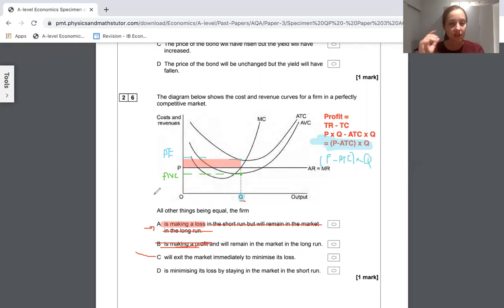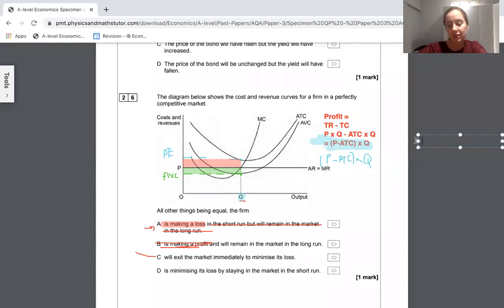Which means the more pieces you produce, the better your profits. Sorry, you make a profit of £2 per pizza you make, which is really good. You want to produce more. So we know that this company will want to produce more pizzas. But we also know that overall, they're making a loss if you include their fixed costs.